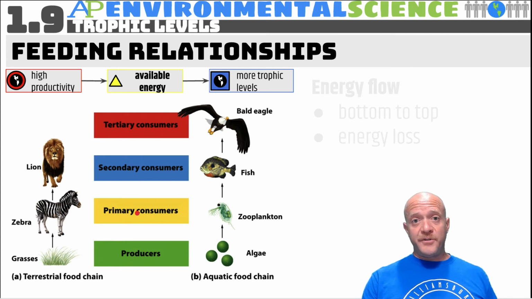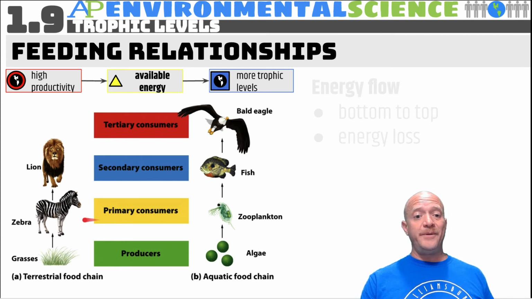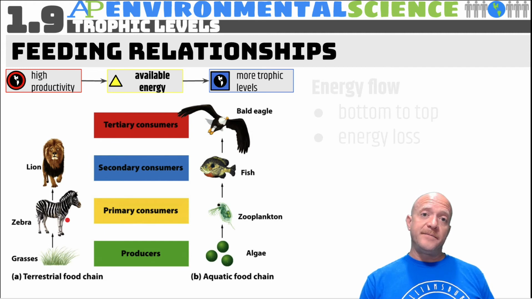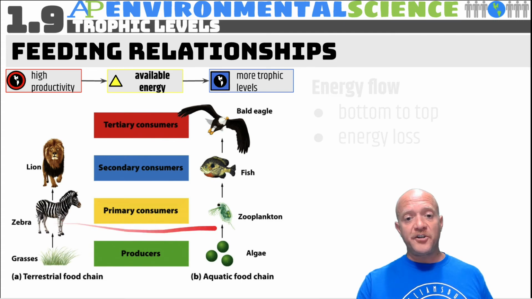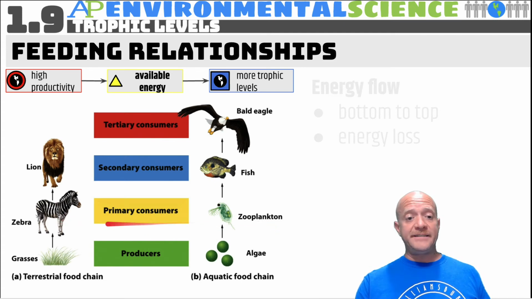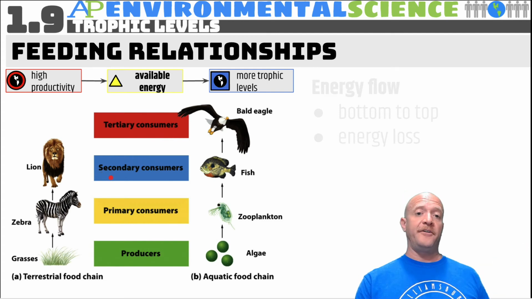An example of a primary consumer would be an herbivore. In other words, an organism that is a heterotroph that only consumes producers. So these herbivores, an example would be zooplankton in an aquatic food chain or a zebra in a terrestrial food chain.